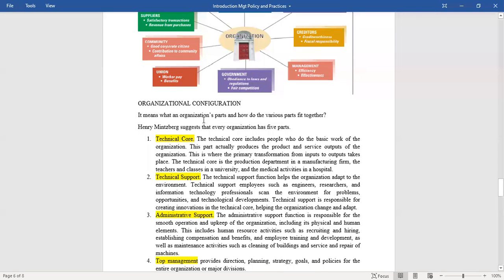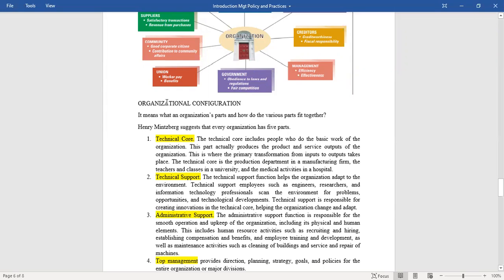So that the organization is responding to the requirements of efficiency as well as effectiveness. Parts of the organization and fitting together of these parts. That's the way Henry Mintzberg looks at it.